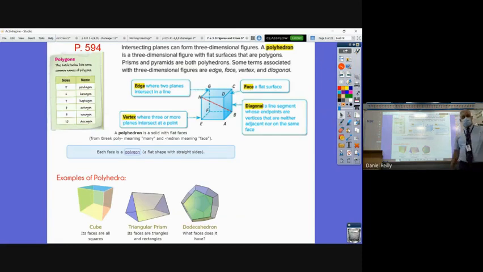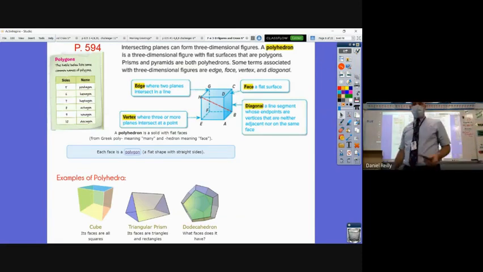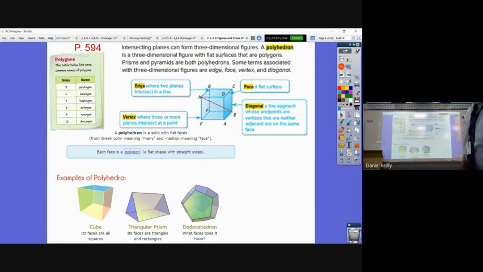All right, so three-dimensional figures have three characteristics associated with them that we need to understand. Faces, edges, and vertices. Vertices is the plural of vertex. Okay, one vertex, multiple vertices.